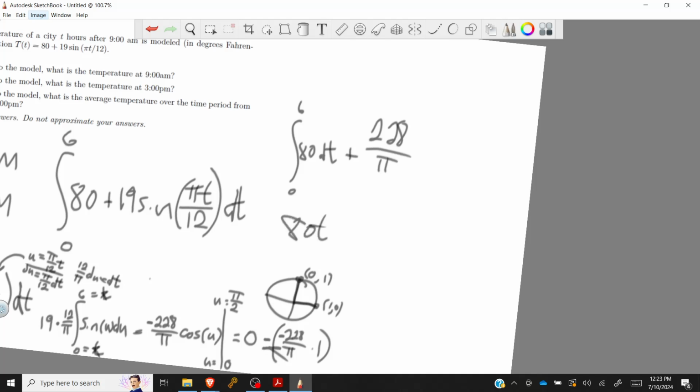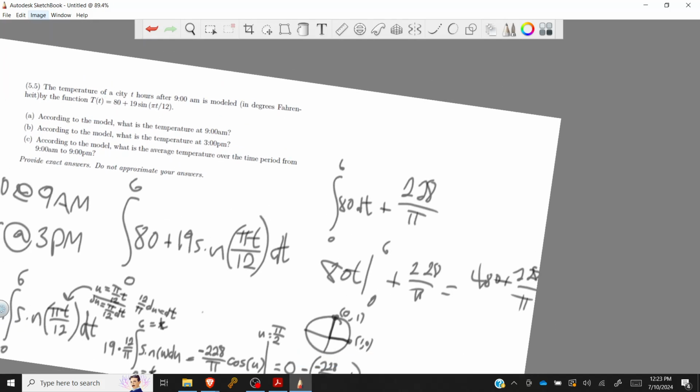It's going to be 80t evaluated from 6 to 0 plus 228 over pi. 80 times 6 is 480. So this whole thing is equal to 480 plus 228 over pi. And that's going to be the temperature for B.